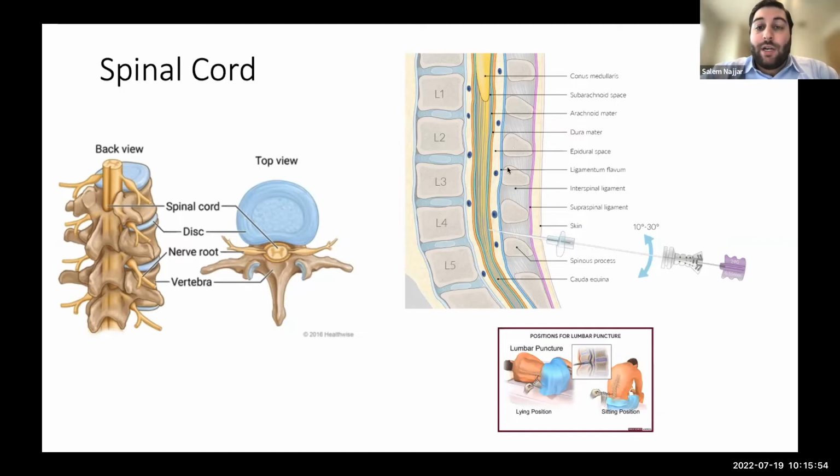If we were going to continue, and this was a lumbar puncture, now we're in the epidural space, you're going to reach the dura mater, and then the arachnoid mater, and then the subarachnoid space. CSF is in the subarachnoid space.